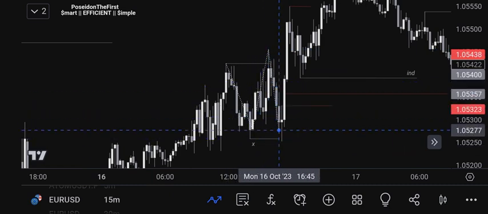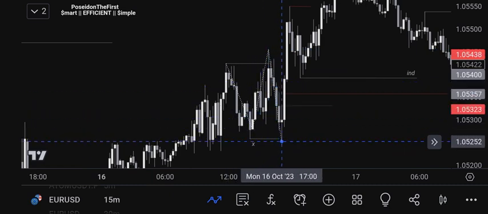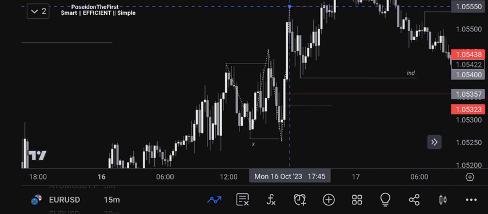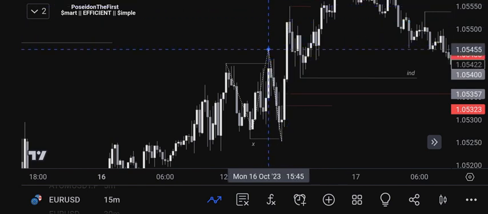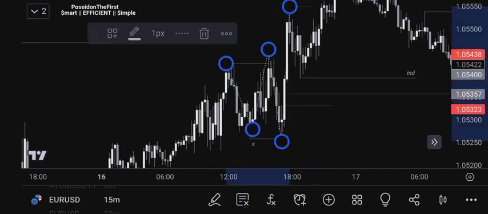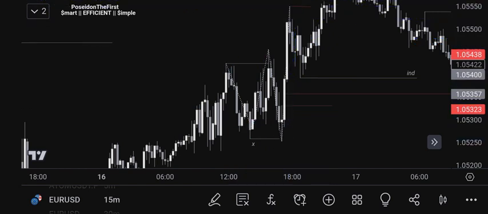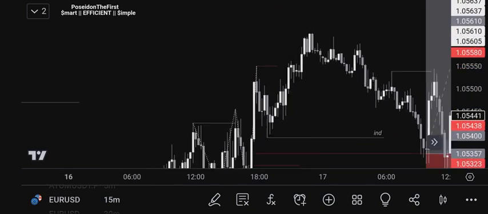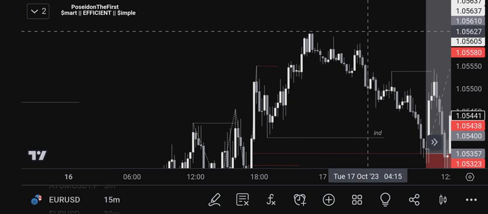So we have price sweeping this low here, confirming this sweep, and then the buys with the displacement, taking out the recent high that validated this low here. So we have our structure continuation. What we're looking at next is the nearest probable entry for price to take out this high that we have here.